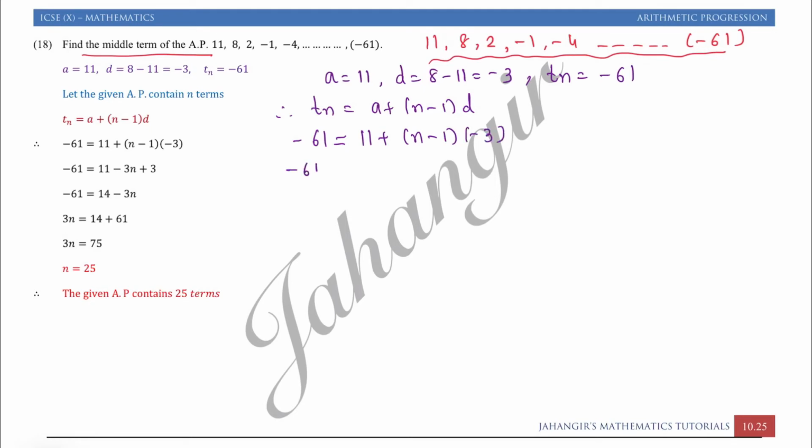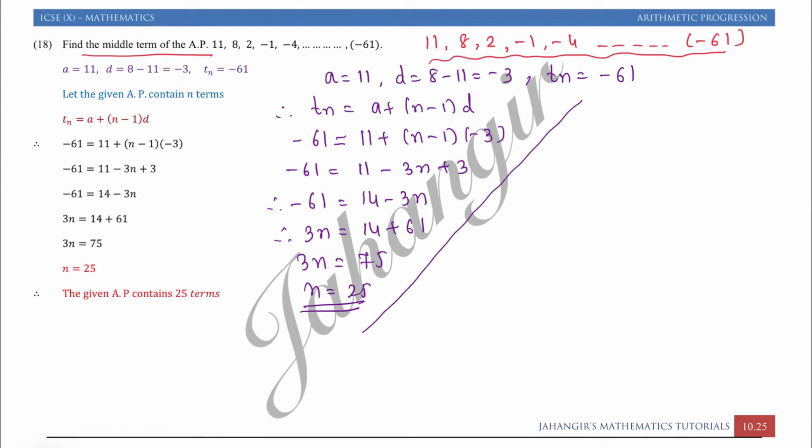So minus 61 is equal to 11 minus 3n plus 3. So therefore minus 61 is equal to 11 plus 3, 14 minus 3n. So therefore 3n is equal to 14 plus 61. 3n is equal to 75. n is equal to 25. So there are 25 terms in the sequence.